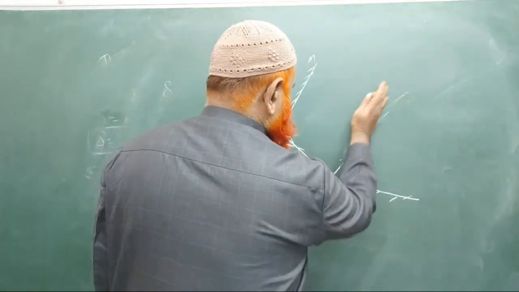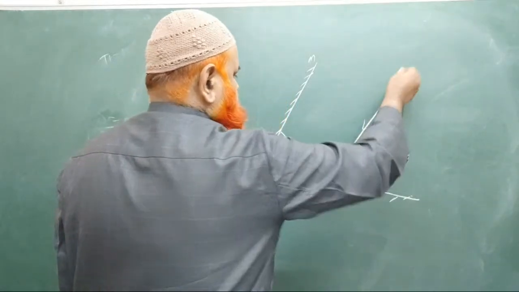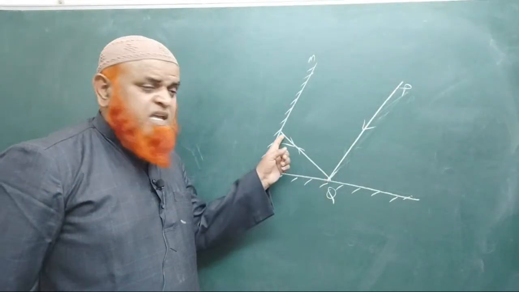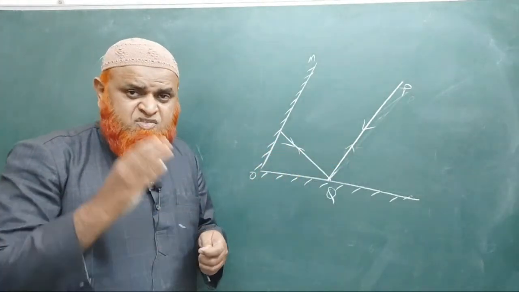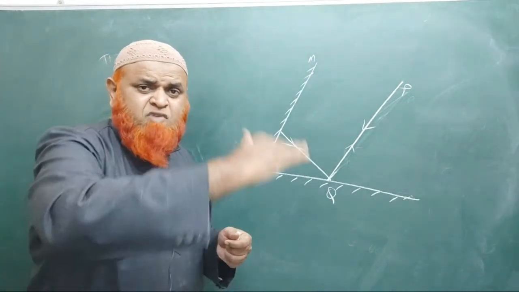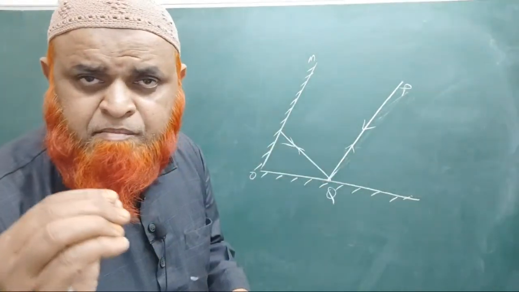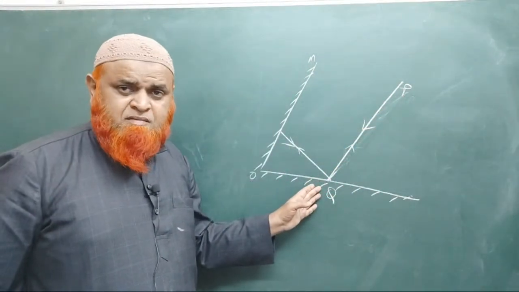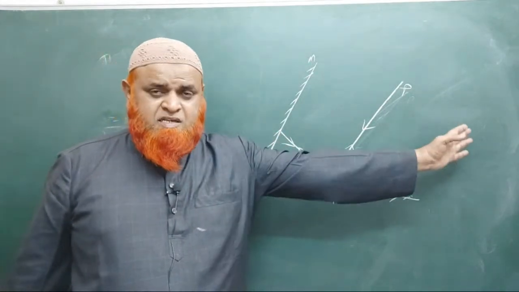Now see here, the light ray PQ is entering, striking one mirror, striking the next mirror, and it is retracing back. The same path by which it is coming in, it is going back by the same path. It is going in the opposite direction with the same path. It is coming, striking one mirror, striking other mirror, and it is retracing back.